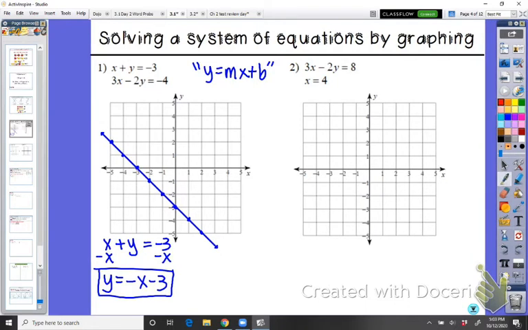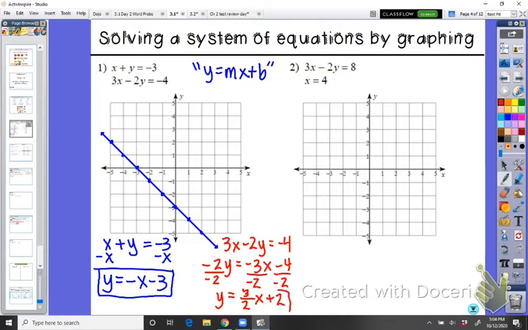So let's look at the other one. The other equation was 3x minus 2y equals -4. First thing you're going to do is subtract the 3x to the other side, and then you're going to divide each piece by a -2. So this is y equals a negative over a negative is just a positive 3/2 x slope, and this becomes +2.